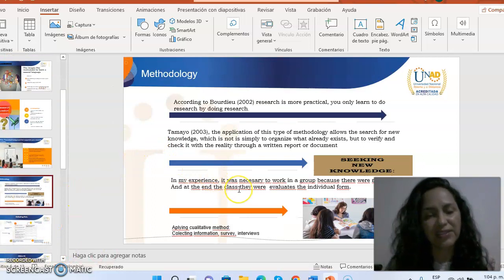In this slide you can see the methodology, according to previous knowledge. The author Bordy, for example, says research is more practical. You only learn to do research by doing research, and I absolutely agree with him because if you don't make decisions and practice in different scenarios, it's not possible to do a good research project.